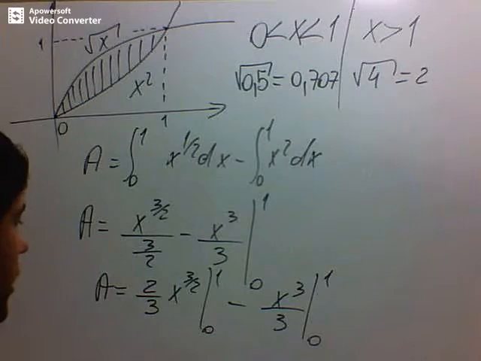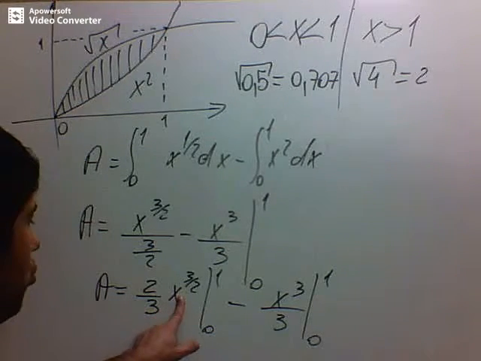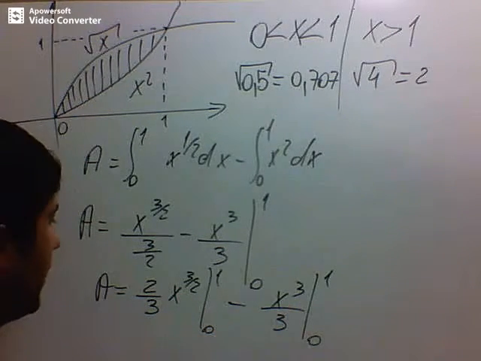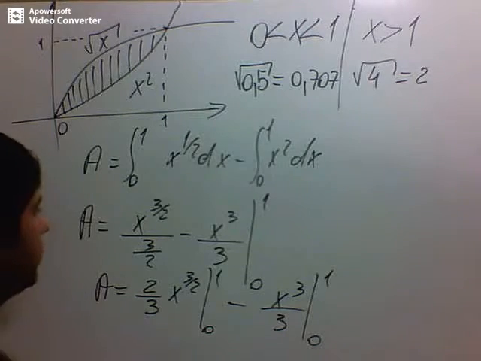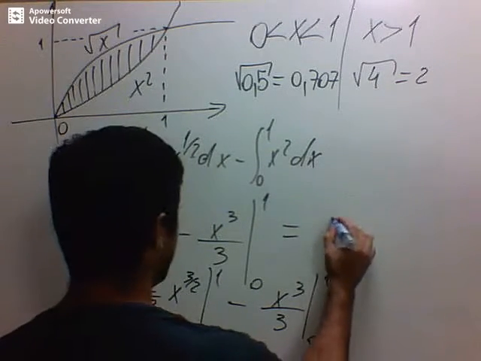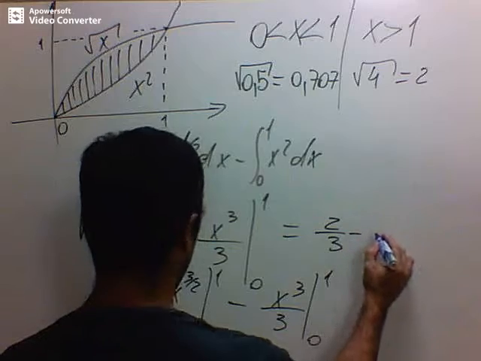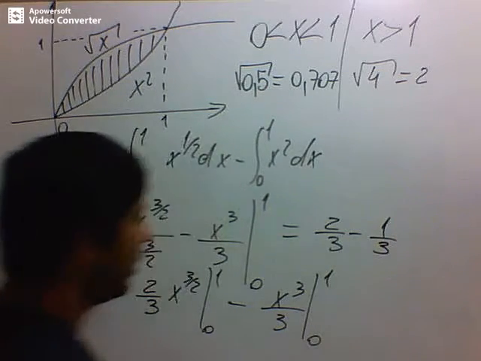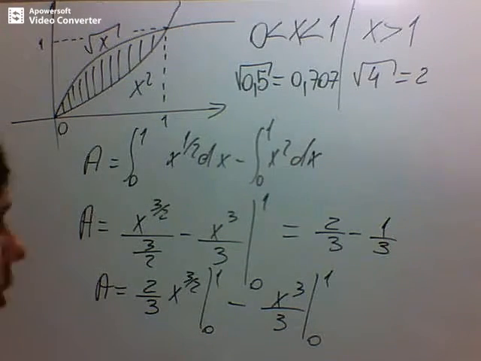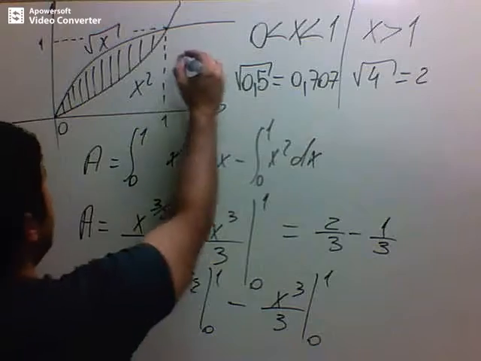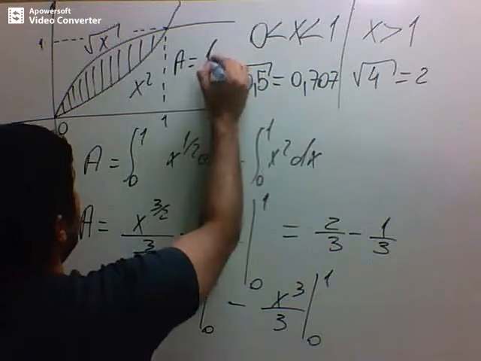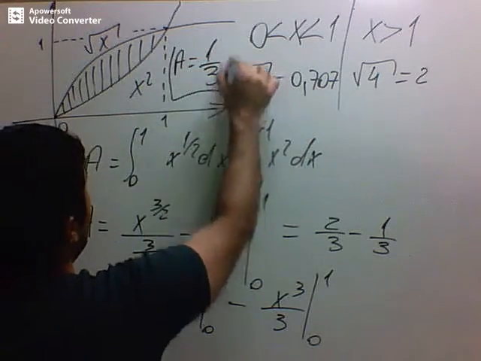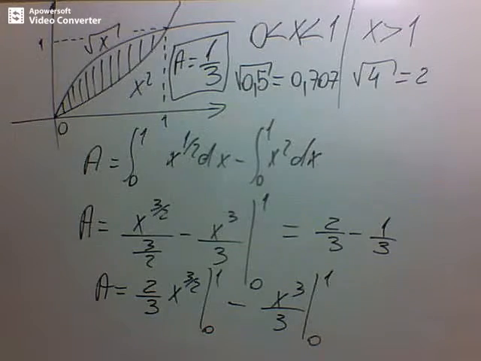So we only need to put 1 here and 1 here, and it becomes 2/3 minus 1/3. Are you following? Did I make a mistake? If I made a mistake, please correct me. And the area is then 1/3. The area is 1/3, my friends.